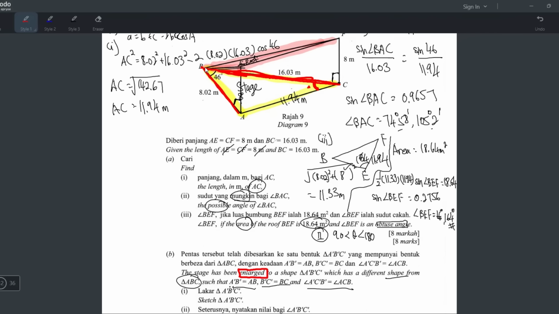But you cannot move B. Because if A stays here and B moves, the panjang here will change. Remember they say the 16.03 has to stay the same, right? But they never say the AC panjang kena maintain. That means you can move A. Yeah. So the line BA will move, but A yang kena move. But you have to move to the left, not to the right.